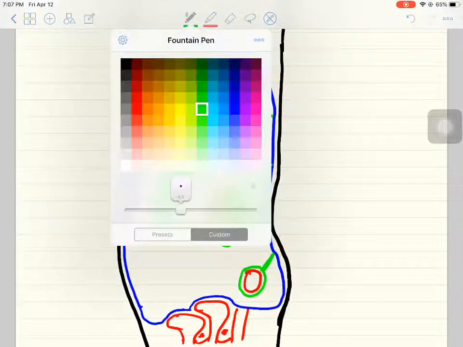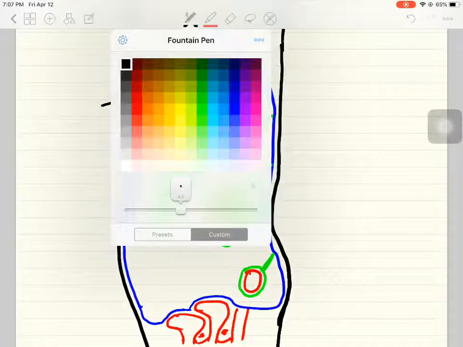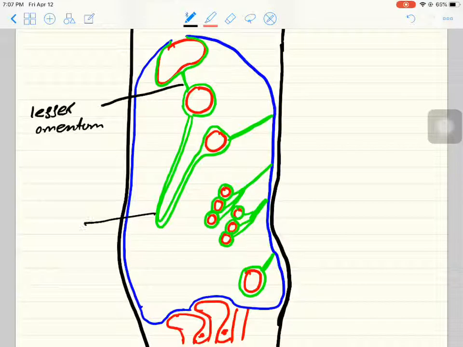So we can say that the double layer of visceral peritoneum between the liver and stomach is called the lesser omentum. The double layer between the stomach and transverse colon is the greater omentum.